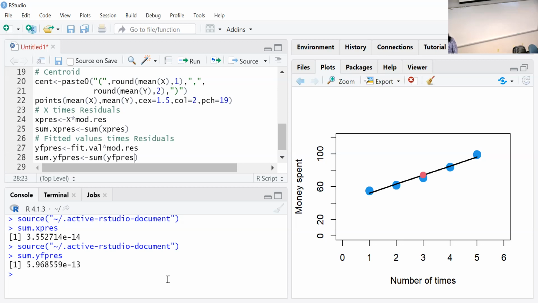So, in other words, what should we expect to get? 0. So, a bunch of properties. The linear regression model has to pass through the centroid. If you multiply x by the residuals and sum them all together, that has to be 0. If you take the fitted values, multiply by the residuals, sum them all together, that has to be 0. And the sum of all the residuals must be 0. Are we clear? Yes?